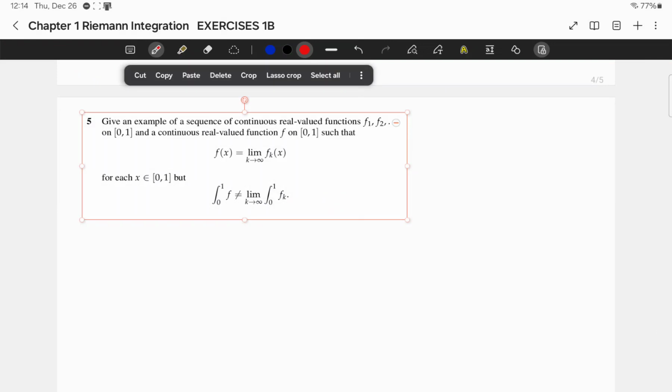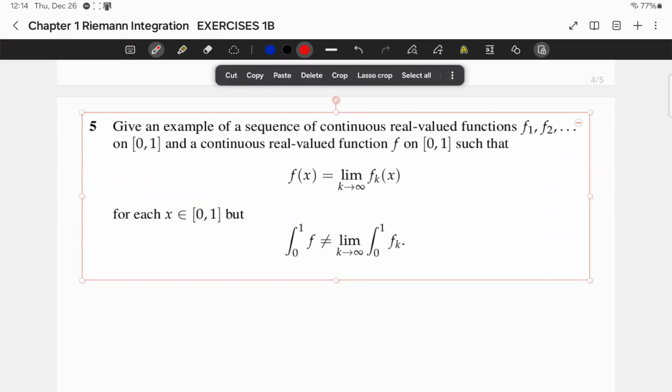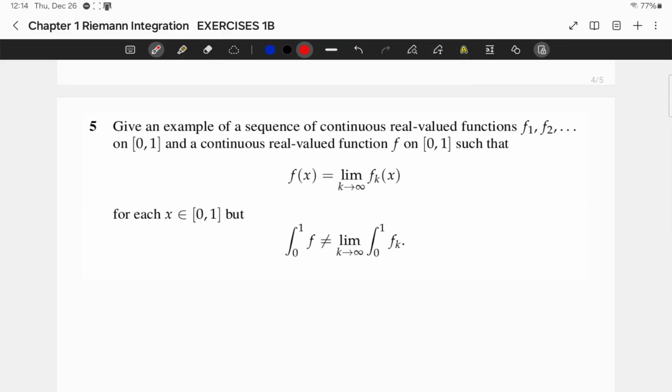We are given an example of a sequence of continuous real valued functions on 0,1 such that the limit of f_k of x exists for each x in 0,1, but the integral from 0 to 1 of f is not equal to the limit as k tends to infinity of the integral from 0 to 1 of f_k.